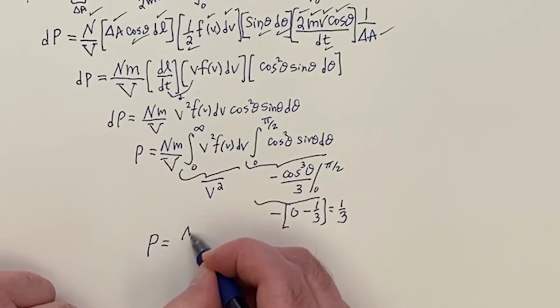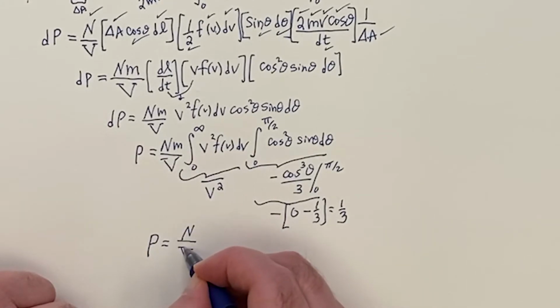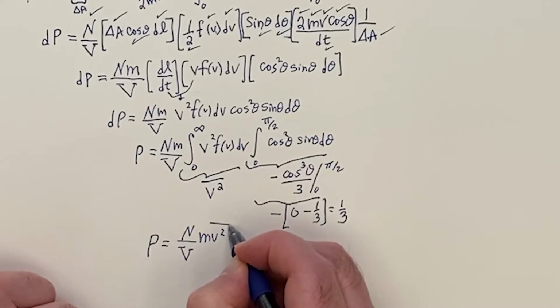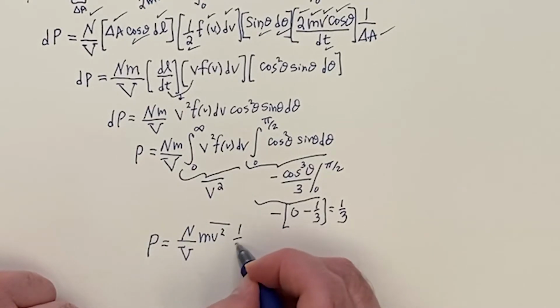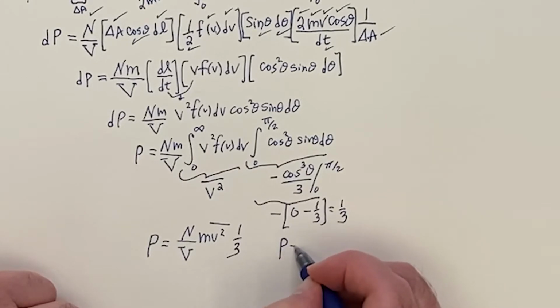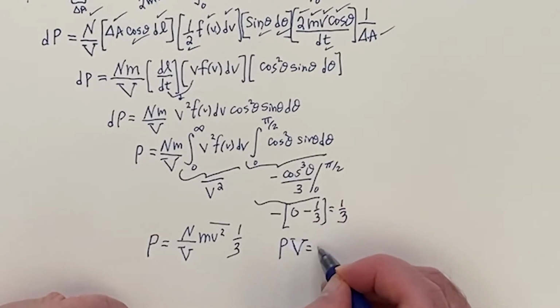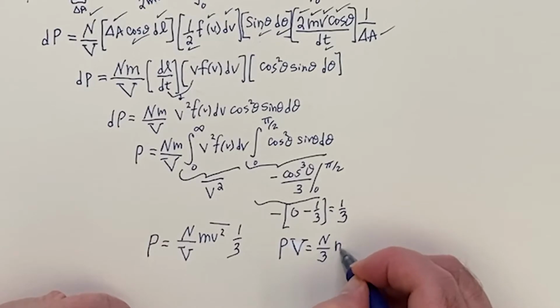P is N over V times m v squared, that's average, with the 1/3, which we can write, well, let's write this as PV is N over 3 m v squared bar.